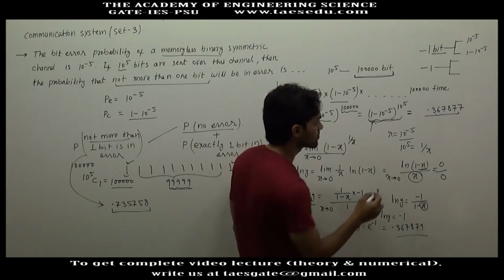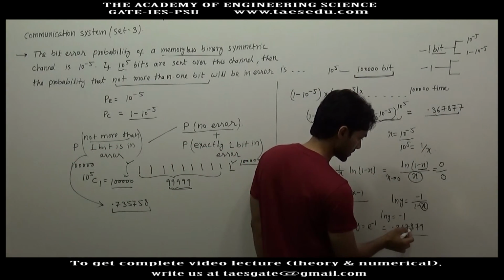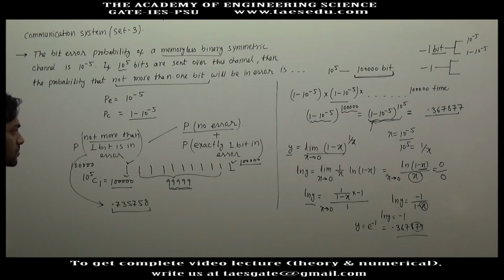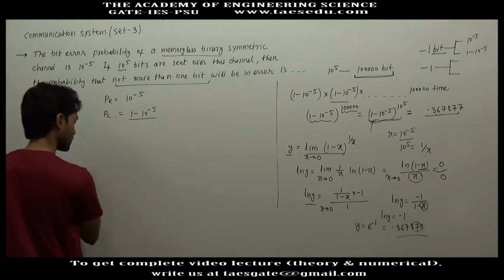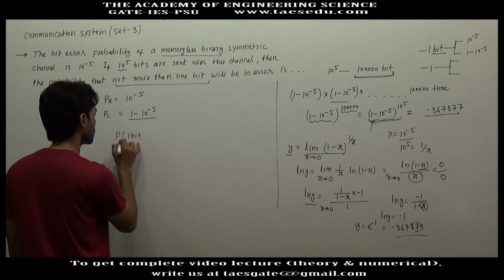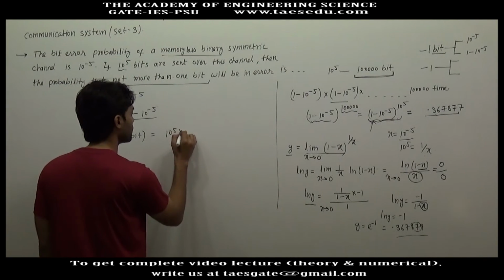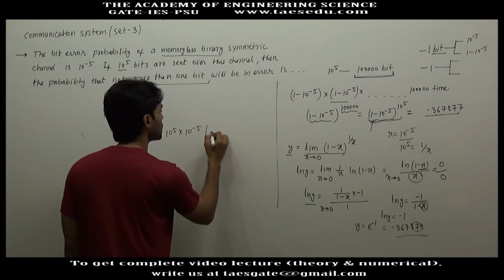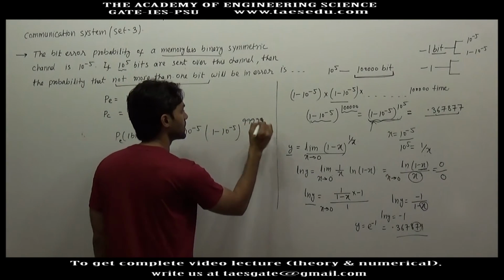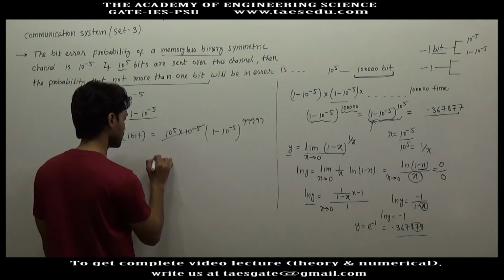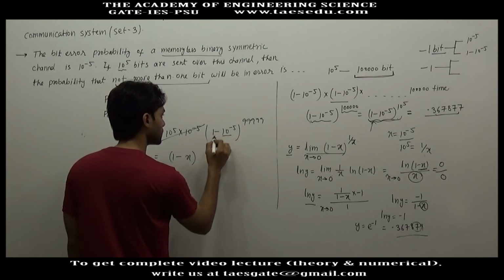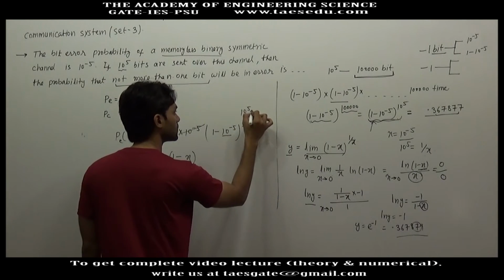The difference comes after 3678, after 4 digits. Similarly, you can calculate the probability of exactly 1 bit in error. What we had was 10 to power 5 into 10 to power minus 5 into 1 minus 10 to power minus 5 to power 99,999. This was 1, let this be x, and this will be 10 to power 5 minus 1.